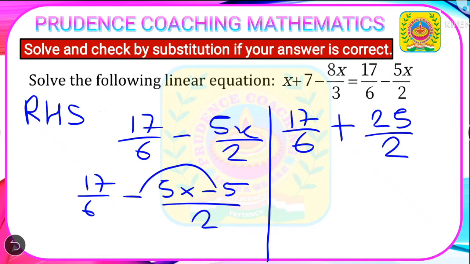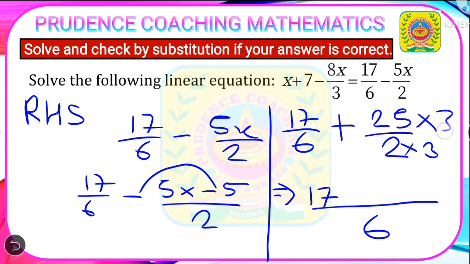Now here as the LCM is 6, so we will write here 6, we have 17 here. Now we have to multiply this with 3, so it will become 75. So 17 plus 75. Now if we calculate this one, you will get 92 by 6.